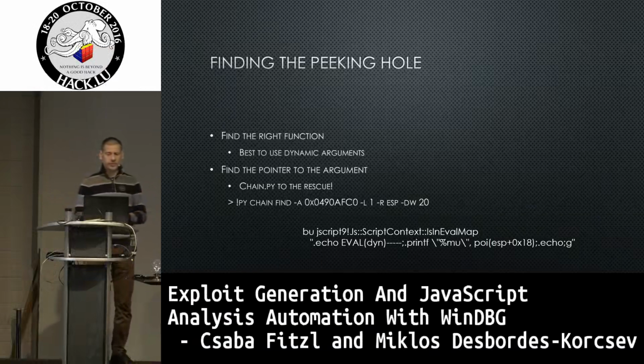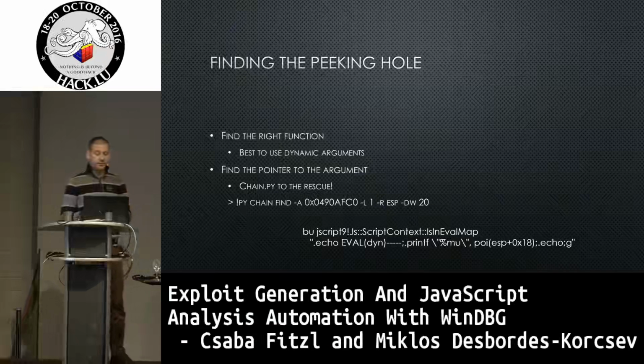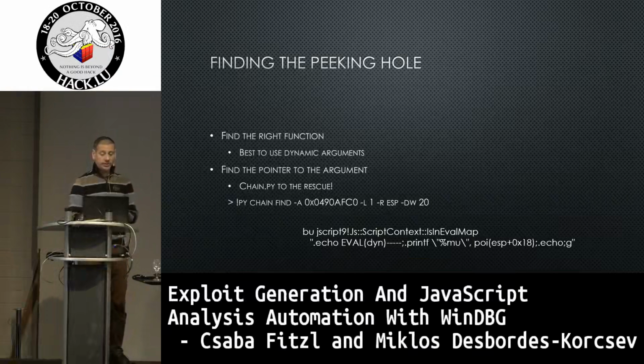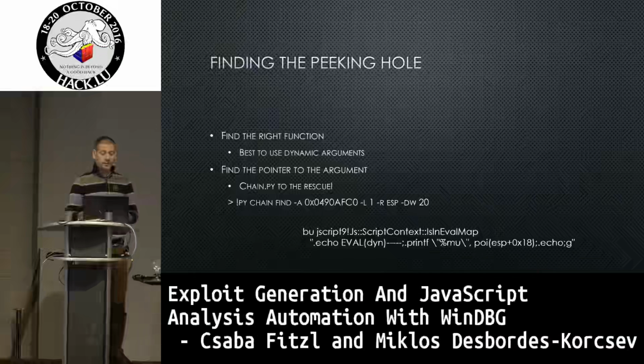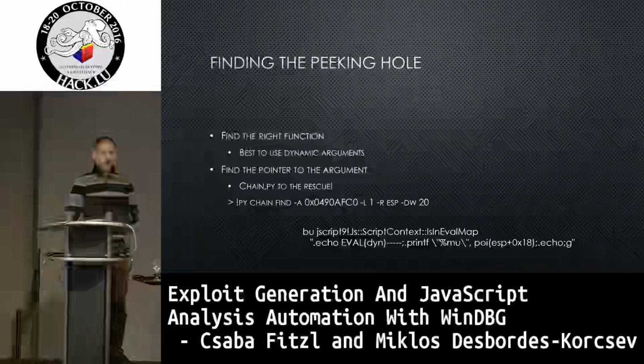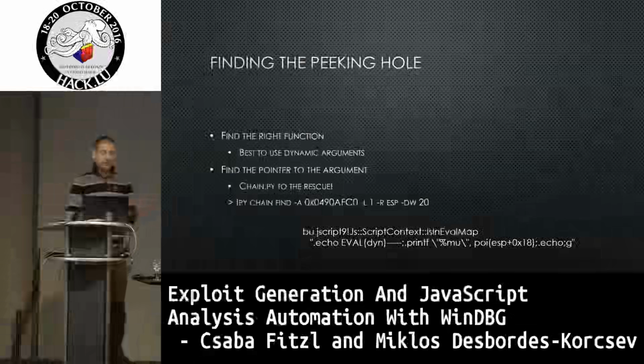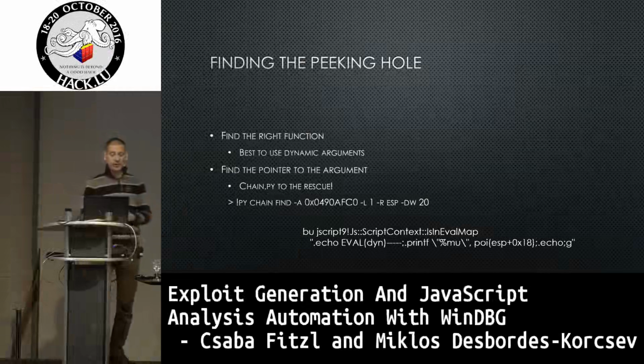So for this reason, I created a Python helper application, chain.py, and it works like this: you provide the address you want to point to, then the level of recursion or iterations of pointer references, the starting register that you want to start from, and a range of words that you want to come up with.